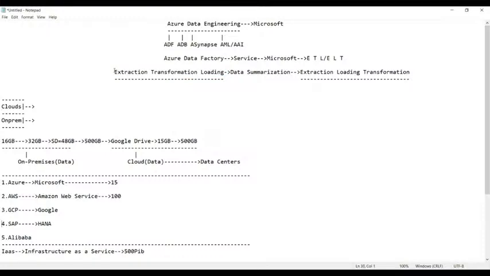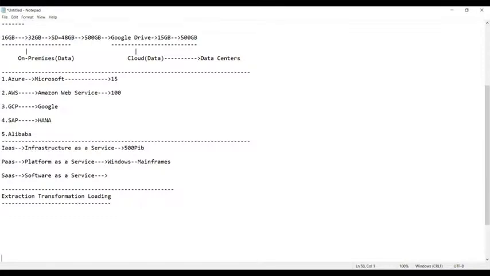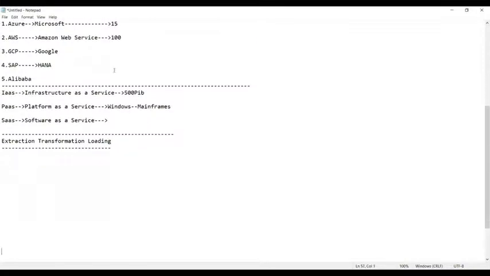I'll explain with a simple example. Let us take some supermarket data.